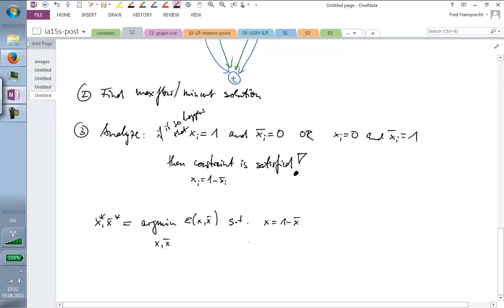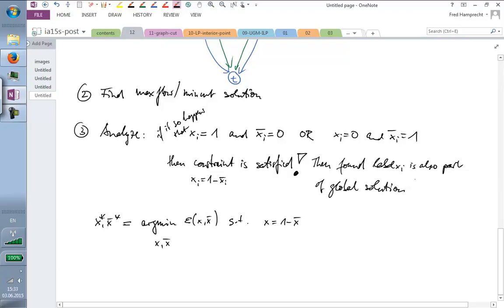And if it now so happens that, at least in part of the solution, the constraint is already fulfilled, even though I had omitted it, then I know that this must be part of the global solution. Then the found label xi is also part of the global solution.